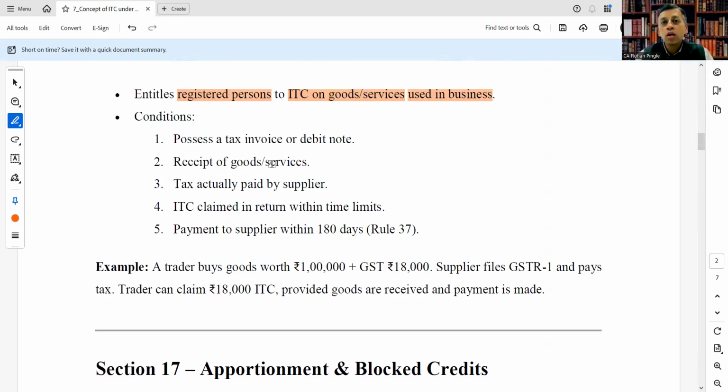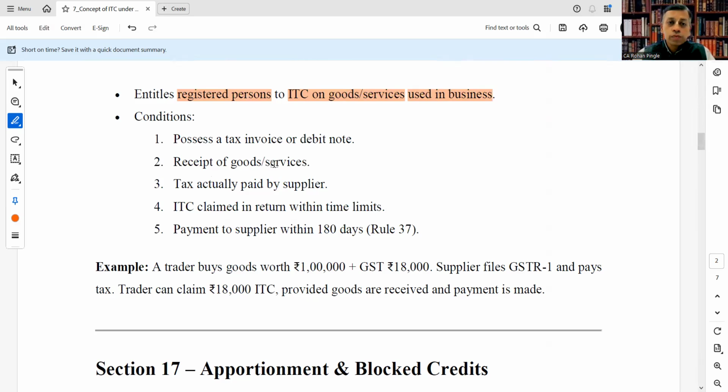For example, if you purchase clothes or any item for your home use and have paid GST on that item, you cannot use that ITC to pay your output liability generated from your business or profession.